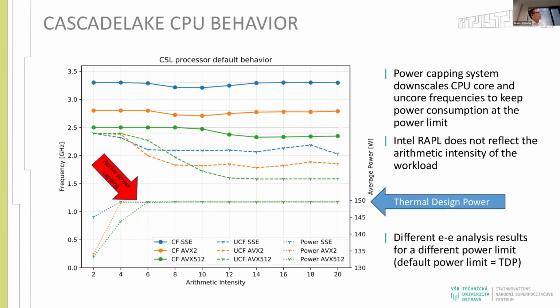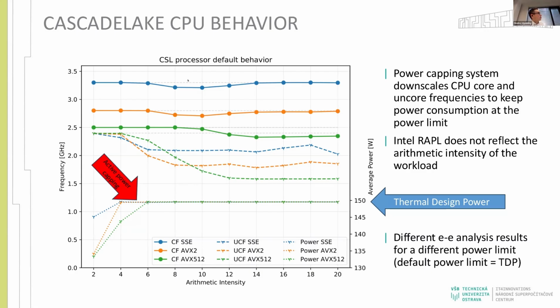In this case, this is the TDP of the CPU I'm showing. Here at the top, we have the core frequency. For the SSE instruction set, it is running at its maximum. For AVX2, it's the same for that region, also in the SSE.